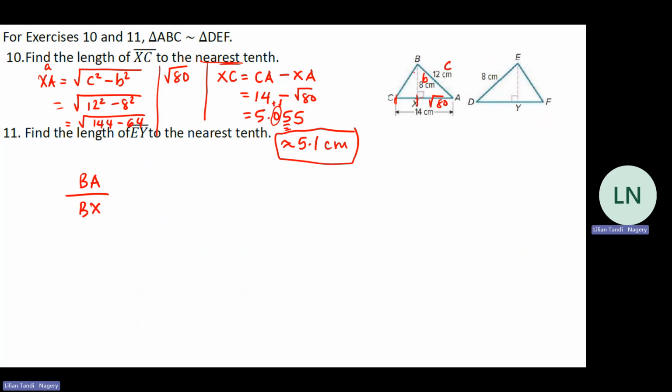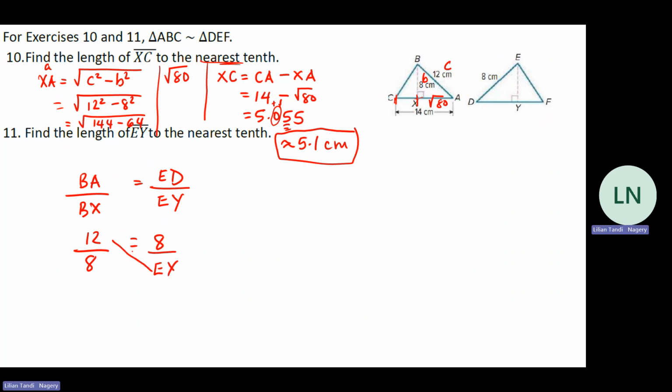So hypotenuse and height. So what's the hypotenuse here? ED and EY. So BA is 12, BX is 8, ED is 8, and then we have EY.